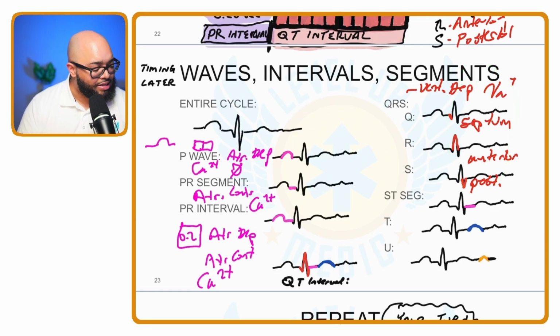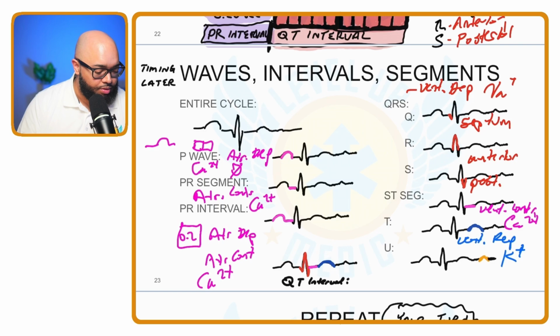Now let's go to the ST segment. ST segment is just this portion. ST segment represents ventricular contraction. Electrolyte, calcium. The T wave here represents ventricular repolarization, electrolyte, potassium.